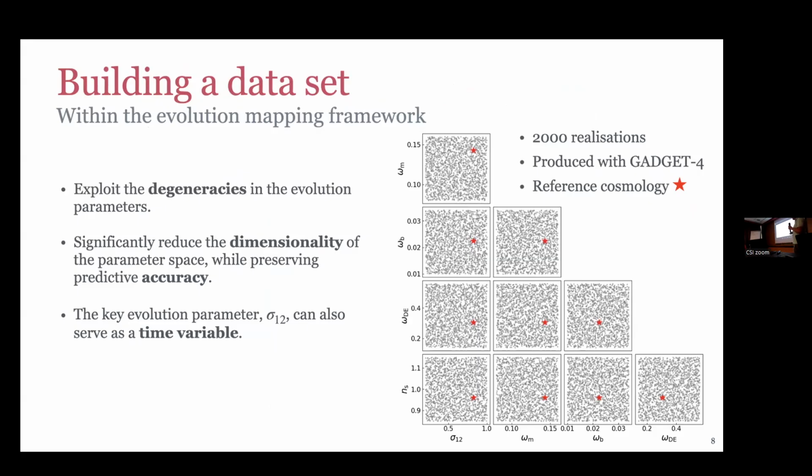So we might want to produce a few other training sets to be sure that this is a large enough training set, maybe 2,000 is not enough for the level we want to reach. Because as you go to higher values of sigma 12, the performance gets worse, and we want to correct that. Yeah, it's going to take a few iterations.